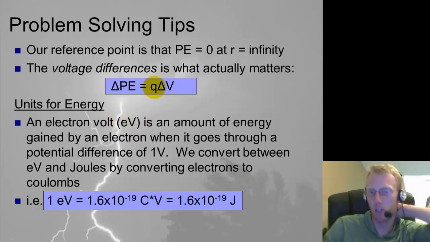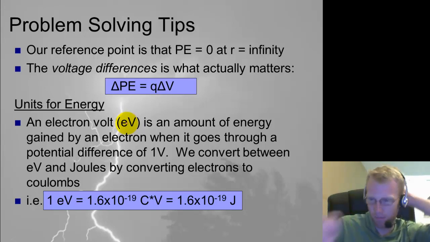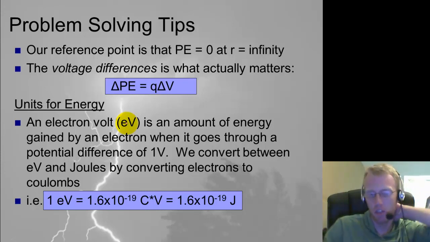So if you put the charge in electrons and the voltage change in volts, then the units you get out would be electron volts. So this is very common because when you're doing experimental physics, you try to shoot a few electrons at a time, and typically you put them through a certain voltage to accelerate them, and so electron volts are a common unit. As much as I'll say about it right now.